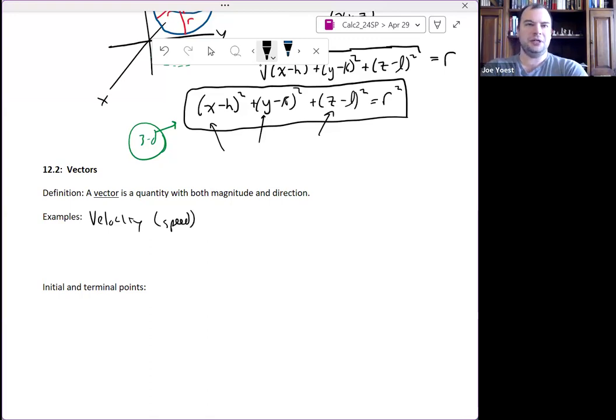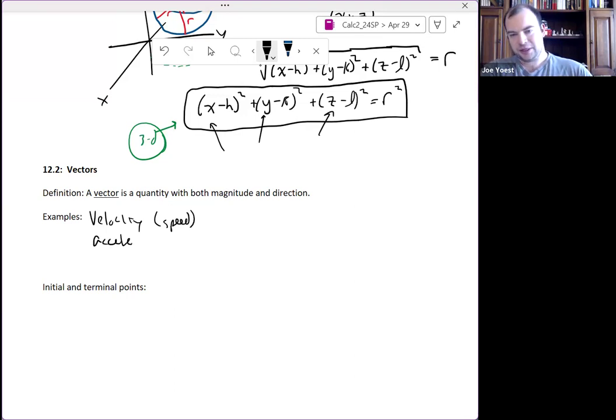Velocity would be something like, I'm going 10 miles per hour in the direction east, whereas speed would be like, I'm going 10 miles per hour. So if we say velocity, we're technically talking about a vector quantity, something with both magnitude and direction.